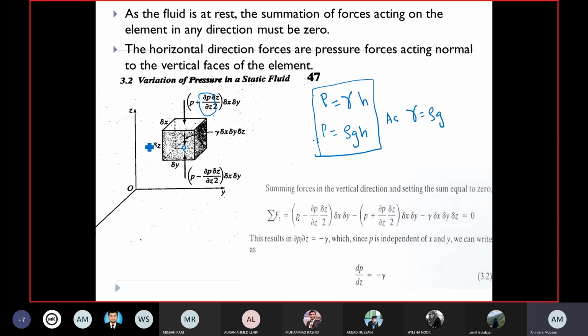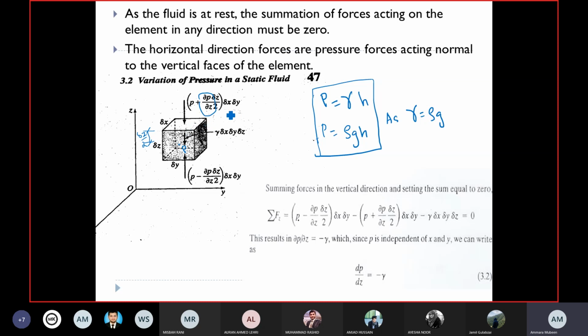So delta Z by 2 is actually the distance. Gradient multiplied by distance would give you the change in pressure. So P plus this total change in pressure will give you the pressure on the surface here.